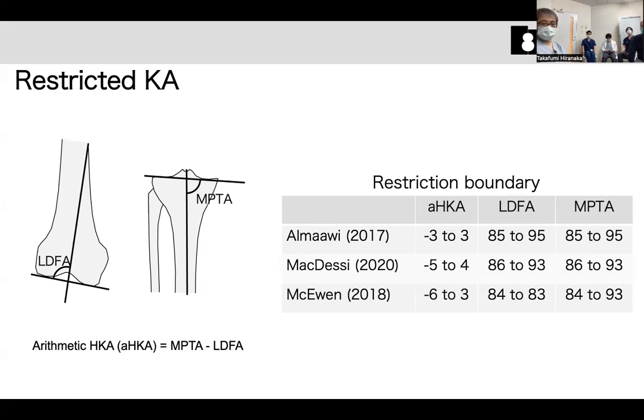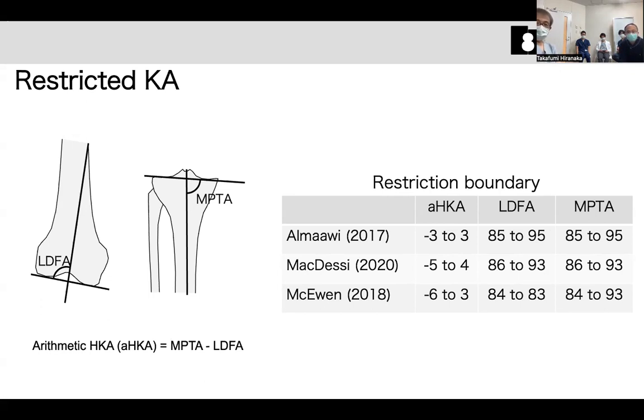In terms of MPTA, they allow 85 to 95, plus or minus 5 degrees from the neutral. But please imagine 5 degrees in valgus. It's very strange. I can't accept this.